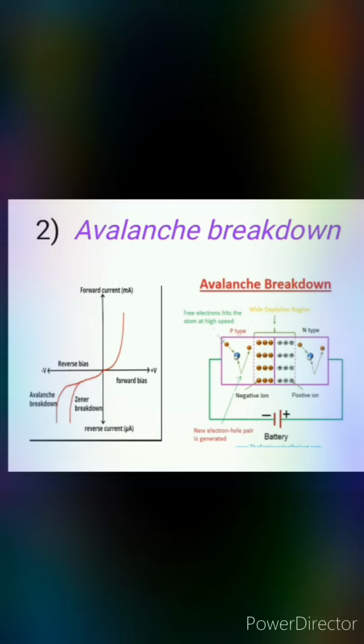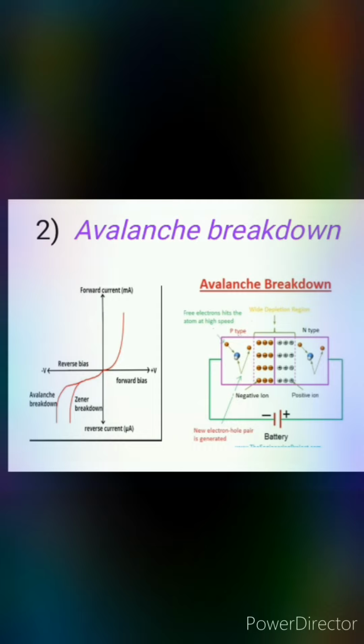This electric field exerts a force on the electrons at the junction and frees them from the covalent bond. These free electrons start moving with high velocity across the junction and collide, thus creating more free electrons. This rapidly increases the net current. This is the basic concept behind avalanche breakdown.